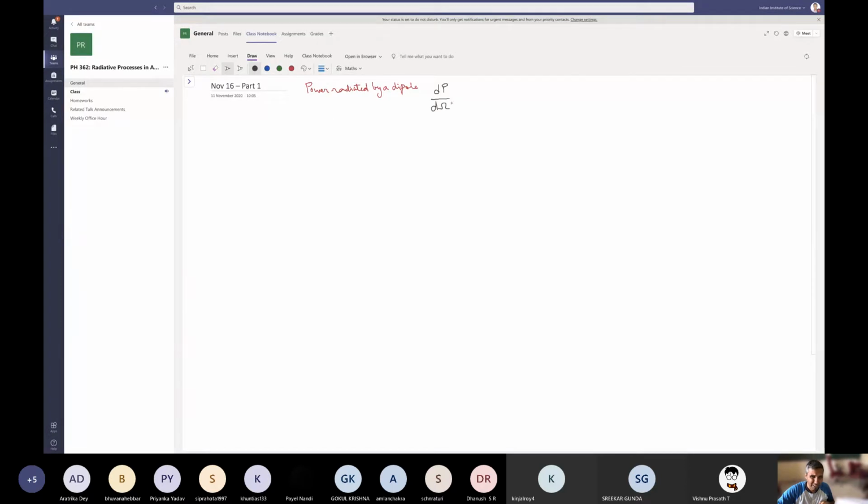So this is power in some direction theta. This is given by d double dot squared, so this is very much related to the Larmor formula, and sine squared theta divided by 4 pi c cubed, right? e squared a squared by c cubed. It's very similar to that. I mean, that's the total power, but this has angular distribution.